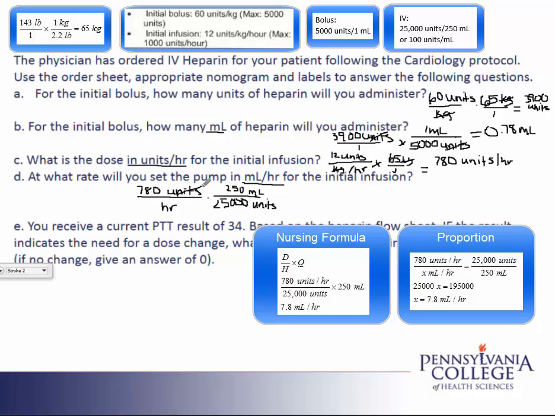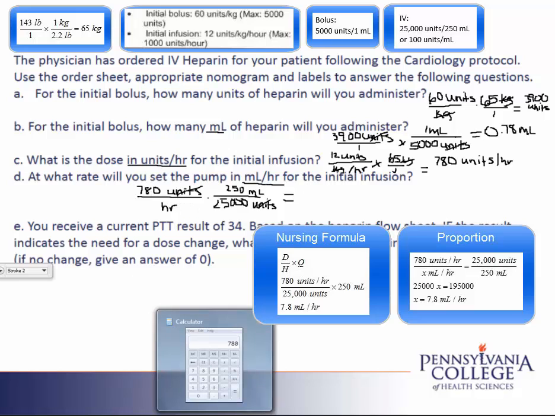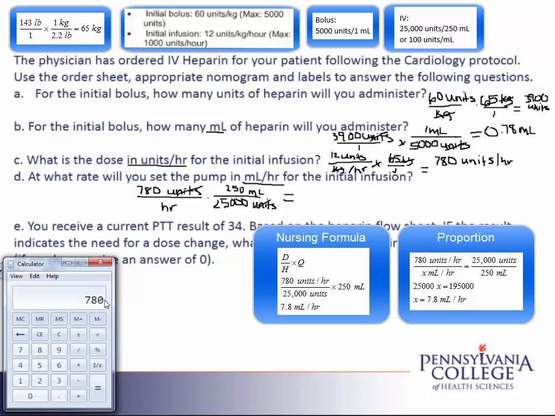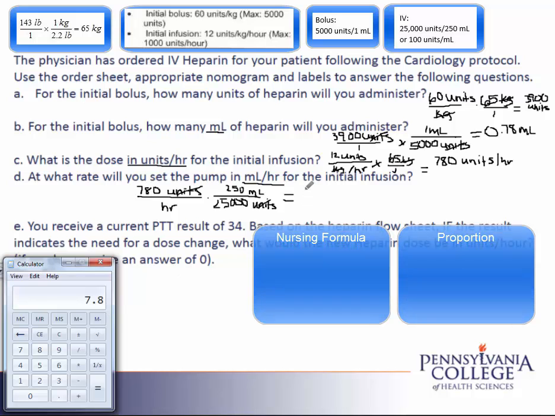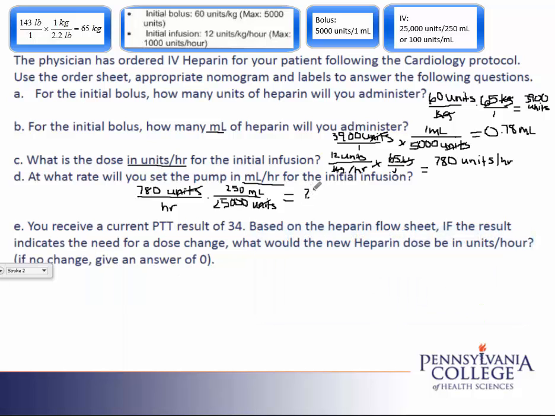My label of units cancels, which will give me an answer in milliliters per hour. From before, I have the number of units on the calculator, so I'll multiply by 250 and divide by 25,000. For milliliters per hour, I typically round to tenths. In this case, I do not need to round my answer.